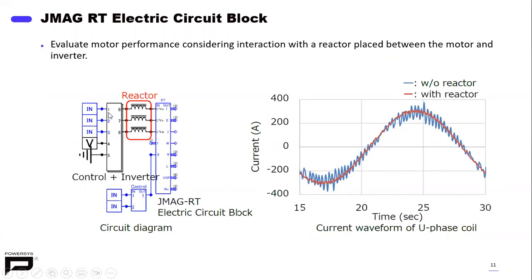The right-hand side graph clearly depicts that when we use the reactor, the harmonics are greatly suppressed. When we don't use the reactor, the harmonic content is more.